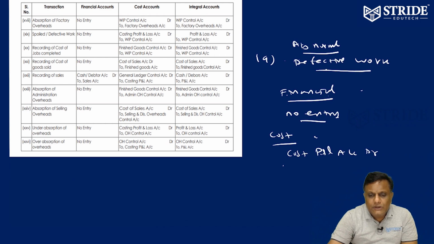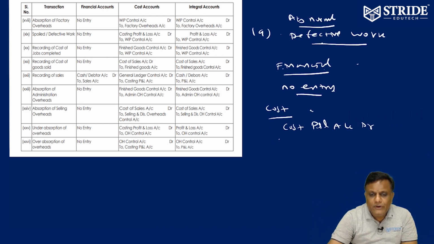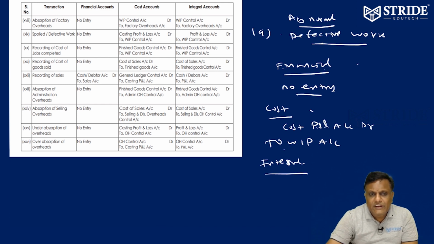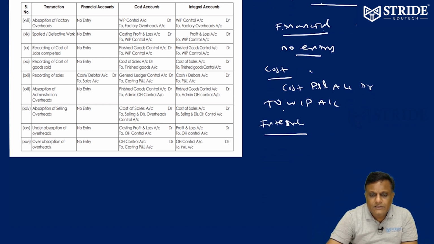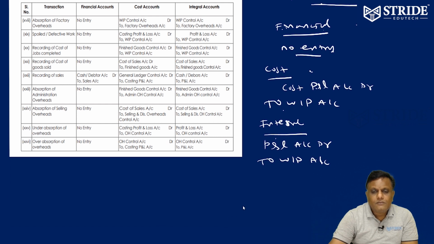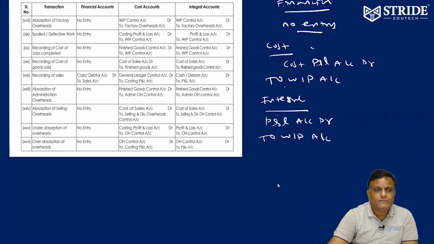So, costing P&L to WIP, because it is coming out of production, therefore, costing P&L account debit to work in process, costing P&L to WIP, right. In integral books, there is no financial transaction. What will be the transaction? The cost transaction is the same, but instead of costing P&L, we have to say only P&L account, P&L account debit to WIP, P&L account debit to WIP account. Instead of costing P&L account, we have to say only P&L account.